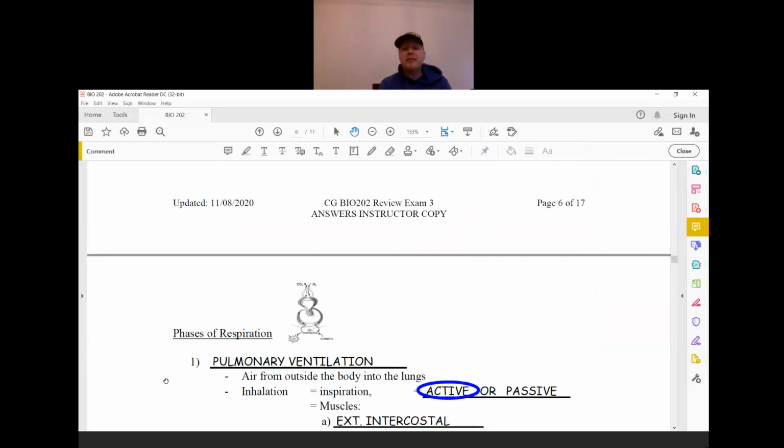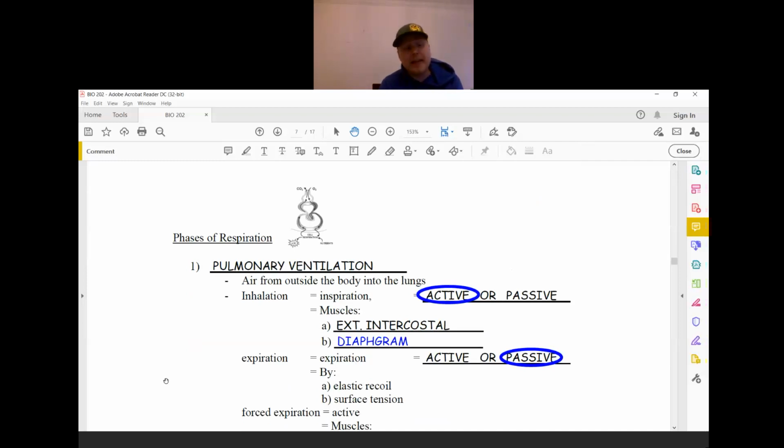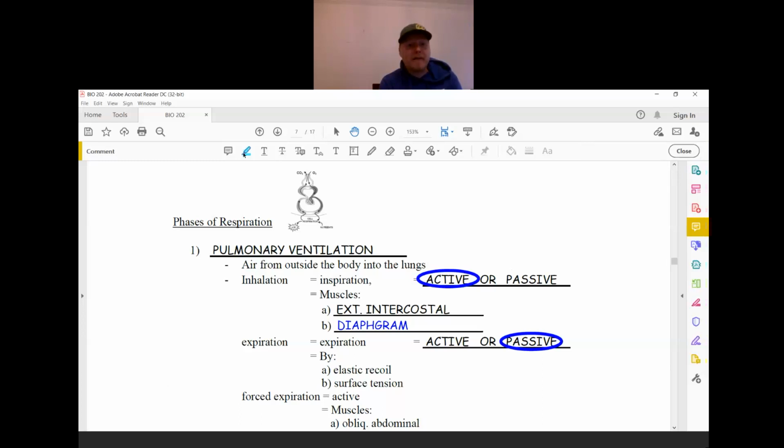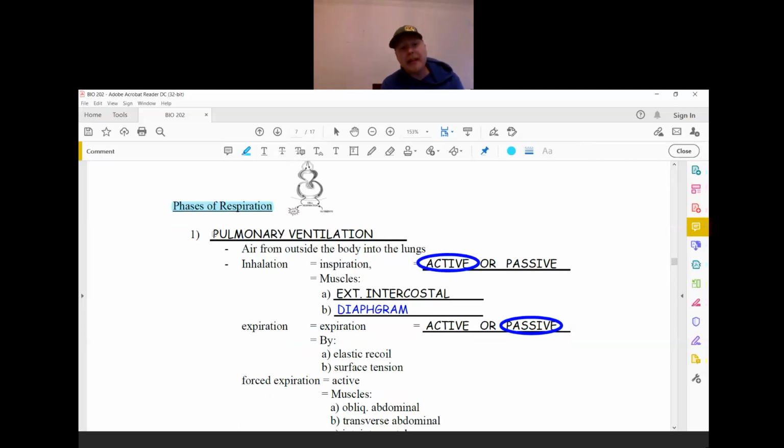Let's have a look at a little bit of the physiological side of the respiratory system. So we're going to go through different phases of respiration, and there are going to be 4 that we're going to cover. And we're going to start with the pulmonary ventilation.